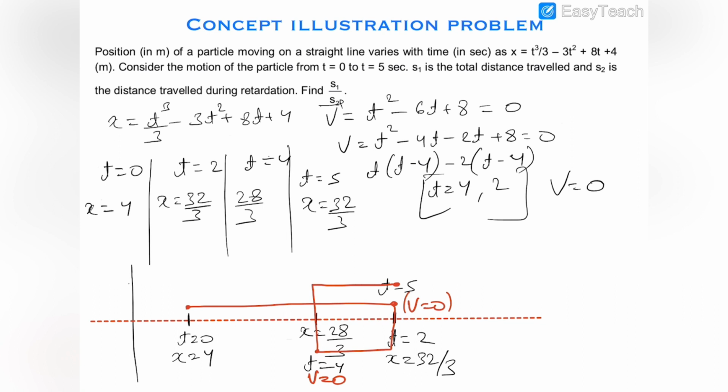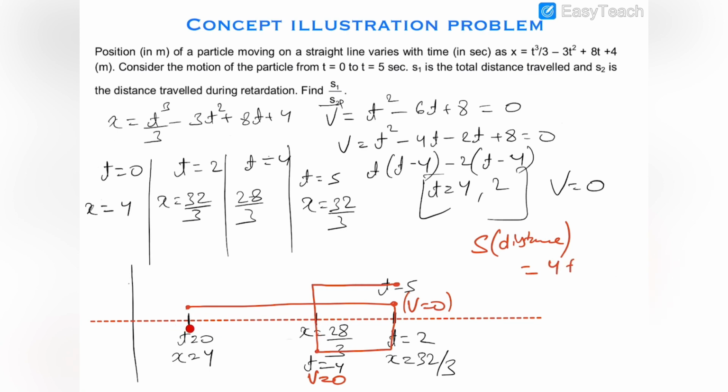Okay, so you can see that the total distance traveled is this one, and this one. So you can see that this is 4 by 3 and 4 by 3, so it is 12 by 3 which is 4, and this one. So S distance is equal to 4 plus this one.